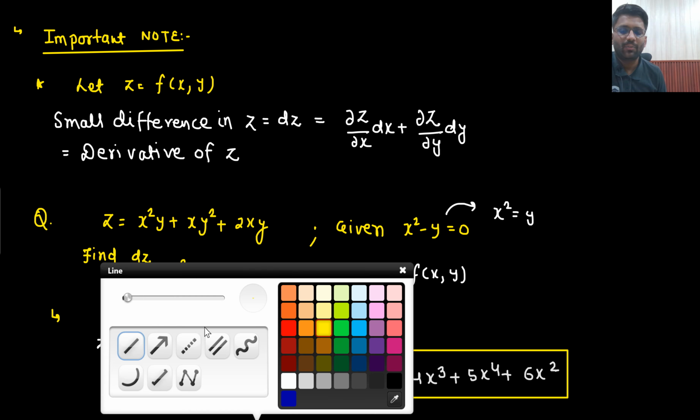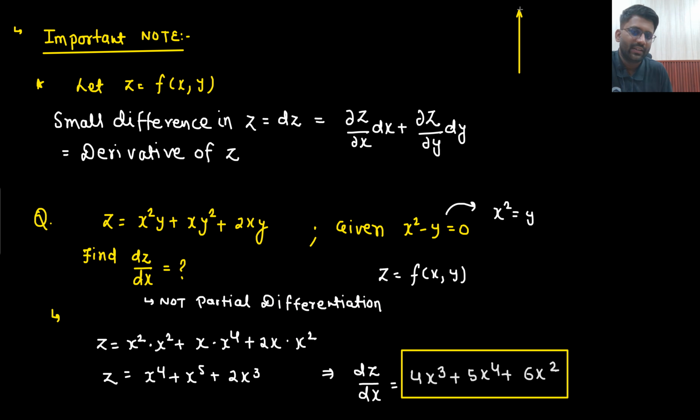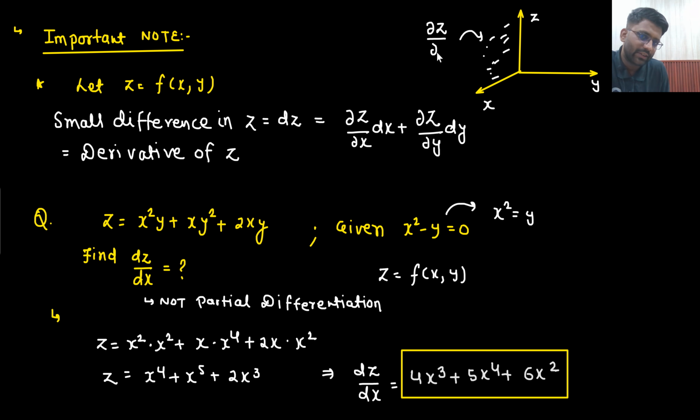No, sir, here you are not giving me the derivation. You are directly writing down the result. So let me try to explain what is actually happening here. z is actually a function of x comma y. This is x, this is y, and this is z. With respect to the values of x and y, you will get a value of z. So on the zx plane where y is constant, I will find out how z is varying with respect to x.